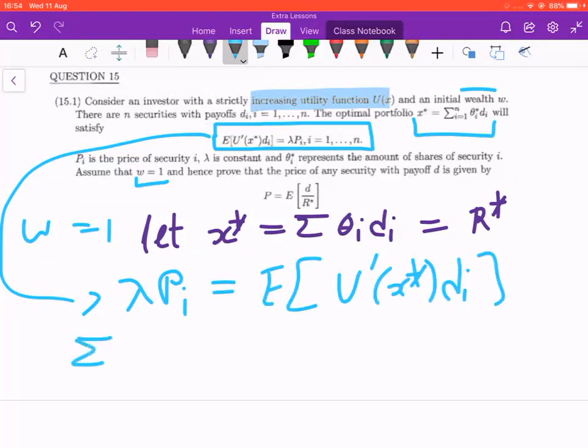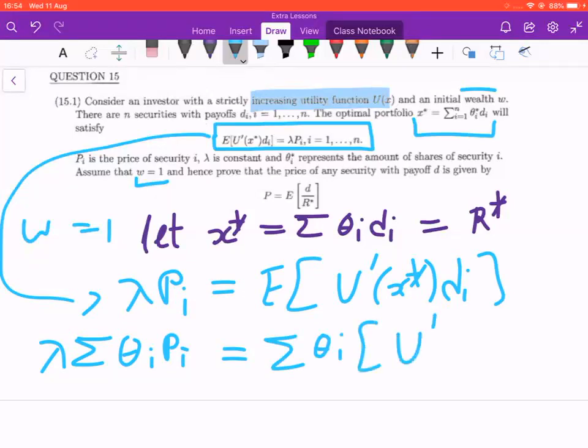I can take lambda outside, and then you multiply again by theta I, the sum of the thetas. So you will have this, X star times d I.